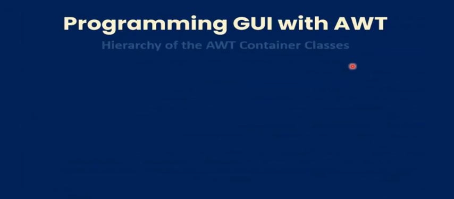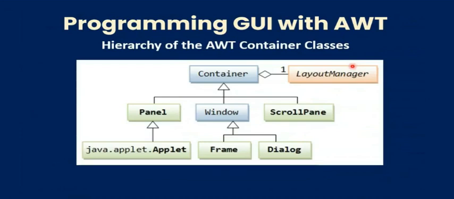Right. So natay hierarchy of the AWT container classes, no? Like container, layout manager, and then container, window, and then the panel, scroll pane, the Java applet. Mag-discuss ra pa ning Java applet.